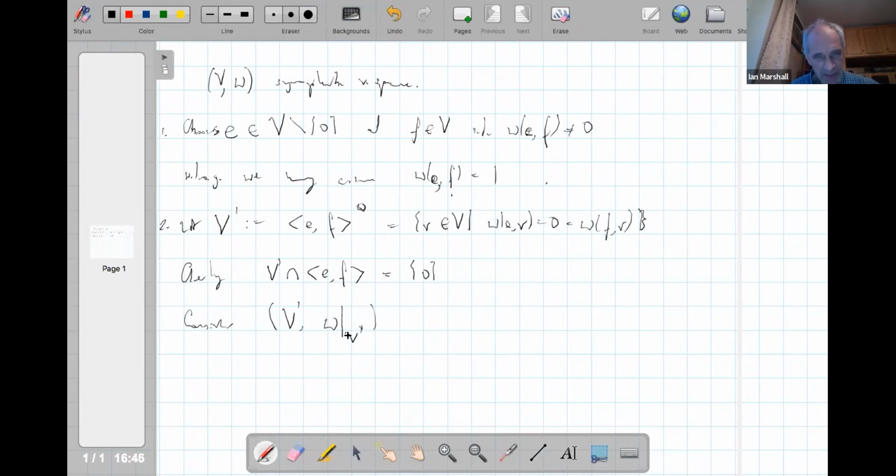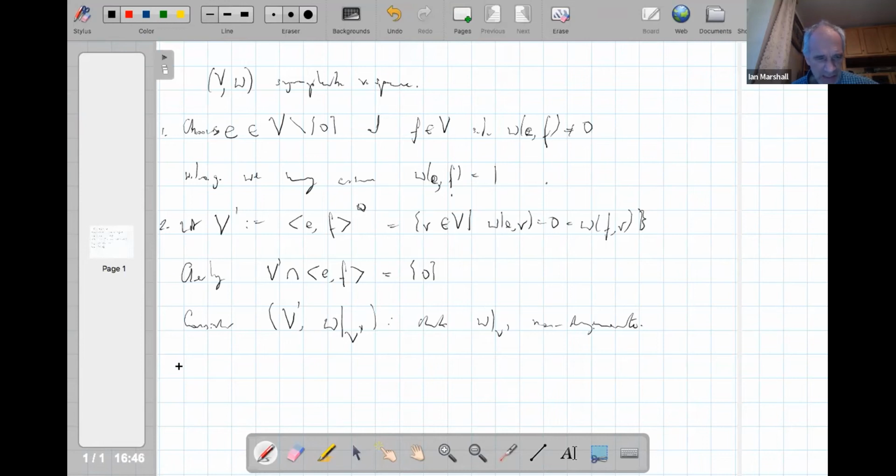The claim is that this is going to be a symplectic space as well, of dimension 2 less than V. Obviously omega restricted to here is going to stay skew-symmetric, so the only thing I need to check is that omega on V prime is non-degenerate.